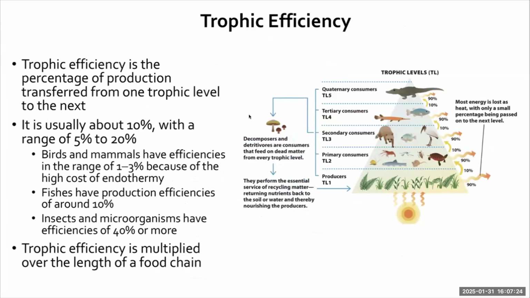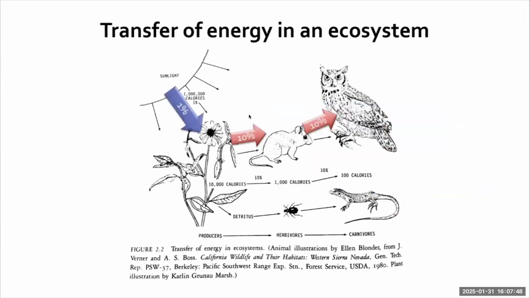They play essential ecosystem services because they break down materials, they recycle nutrients. And so essentially everyone else in the food chain depends on the activity of decomposers, but they're not at one single level, right? So they are acting and breaking down matter at every level within a food chain. Just another example of the transfer of energy.